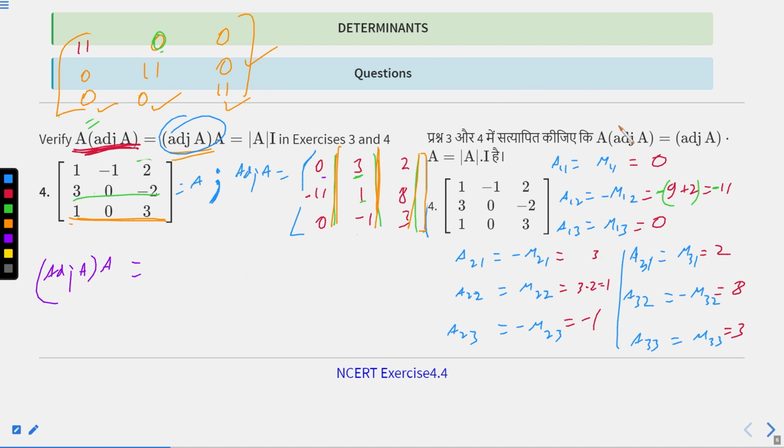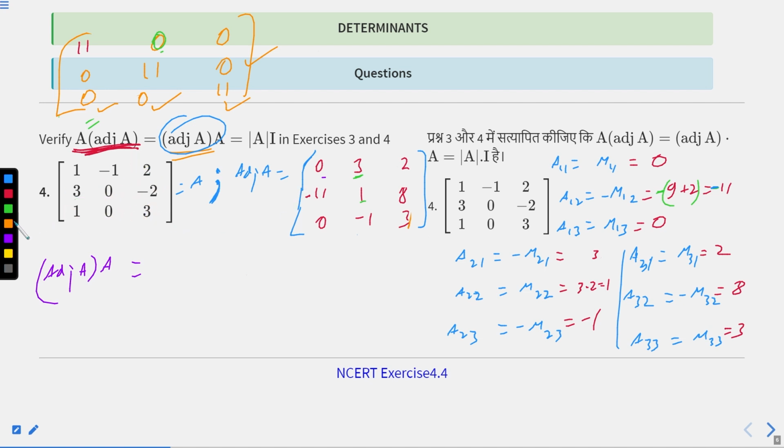So you saw how we made a mistake over here, and that was messing with us. Now just find the adjoint A multiply with A. Let us find that.